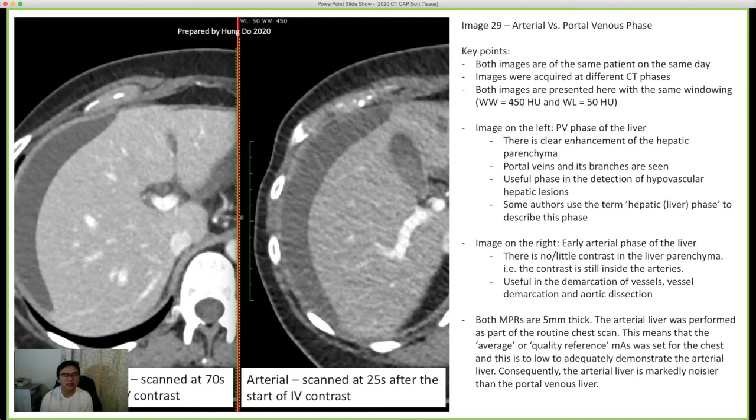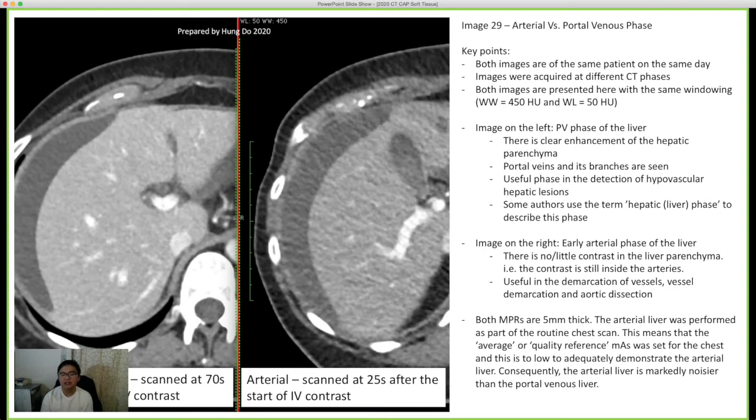And again, we indicate the differences between the thin and thick slices. Hopefully you've recognized that the image on the right hand side, the arterial phase, is a thin stack of images, and the left hand side is a thick stack.